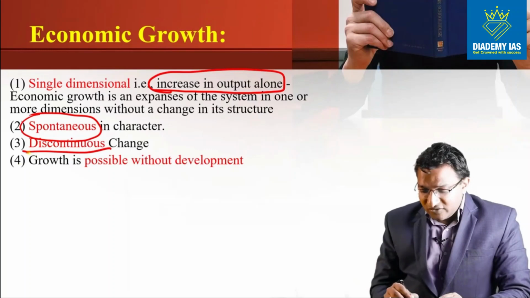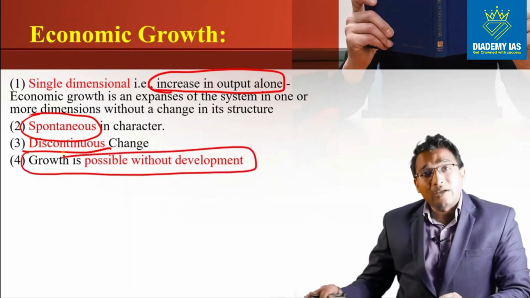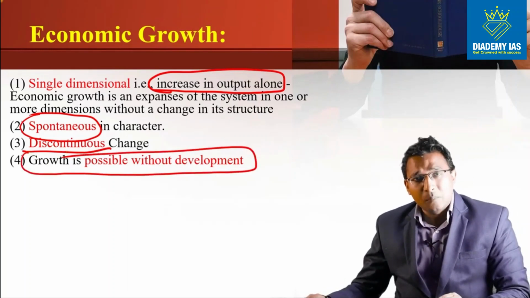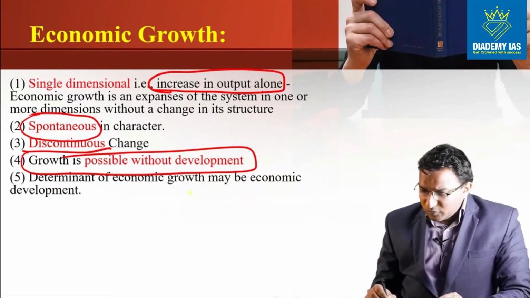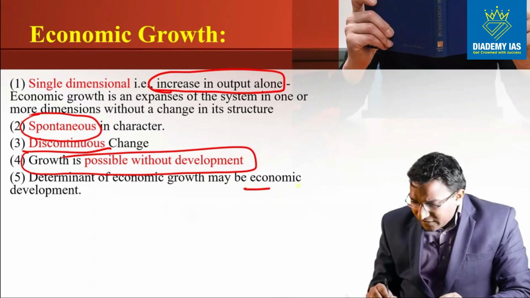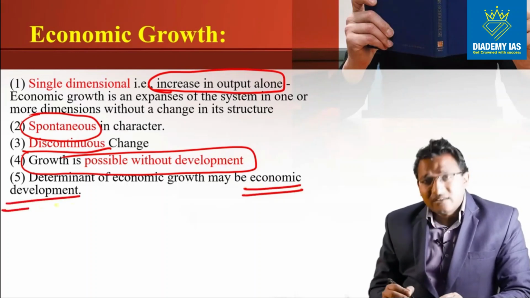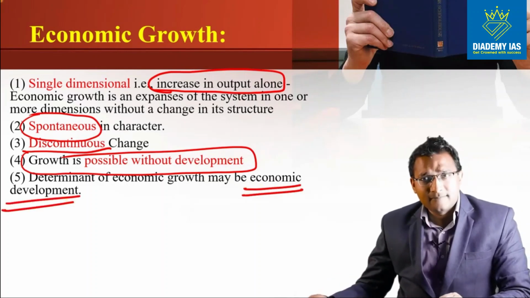And growth is possible without development. Yes, it is quite possible. There are a lot of examples when growth happens, but corresponding development does not happen. Determinant of economic growth may be economic development. Yes. So if economic development is happening, then we can say that economic growth is also happening.